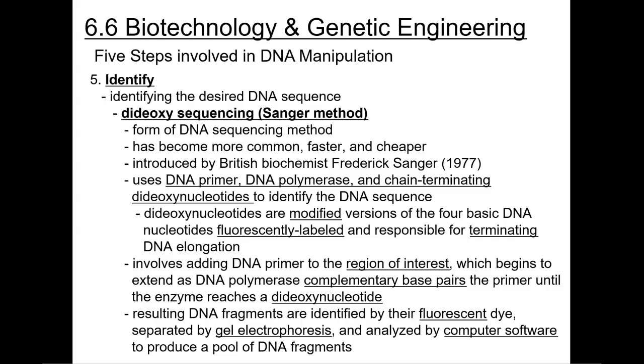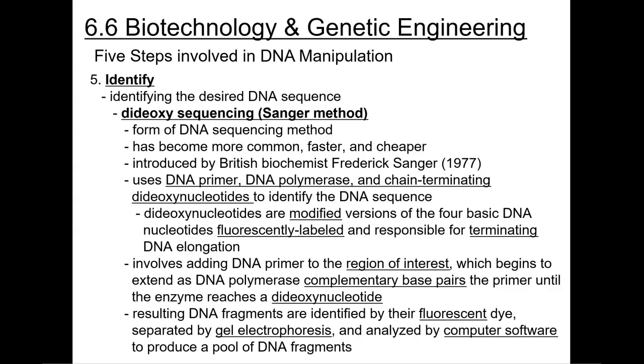It's going to involve adding DNA primers to the regions of interest, which begins to extend as the DNA polymerase is matching those complementary base pairs together with that primer until the enzyme reaches that dideoxynucleotide. Once it hits that, the DNA fragments are going to be identified by their fluorescent dye.